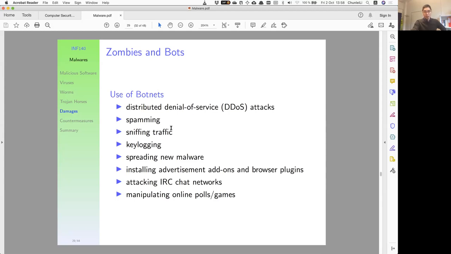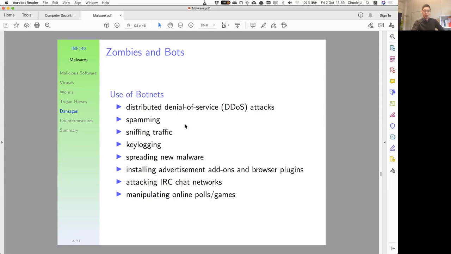The other one is spamming emails. Some of you already mentioned you have received such emails and you can see clearly you are not the only person who received the email. That's quite normal. By using a botnet, it's difficult to identify the sender of this spamming email.